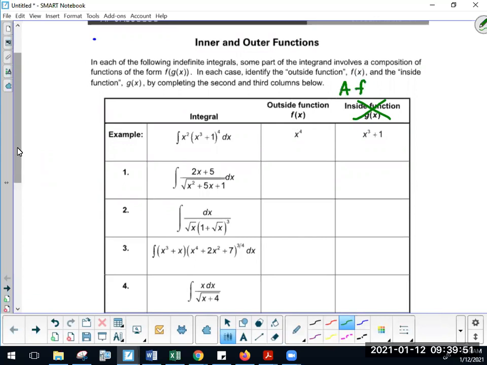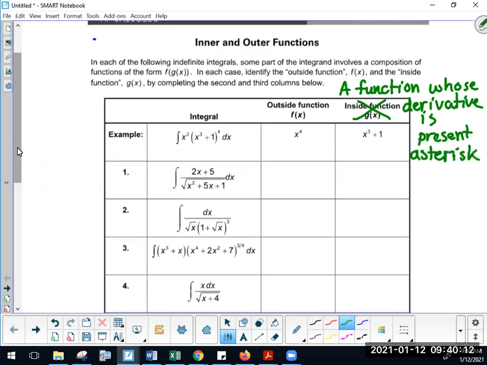Instead of inside function, we're going to call it a function whose derivative is present, asterisk.